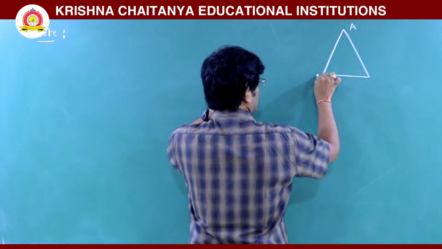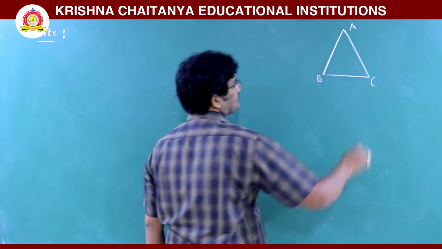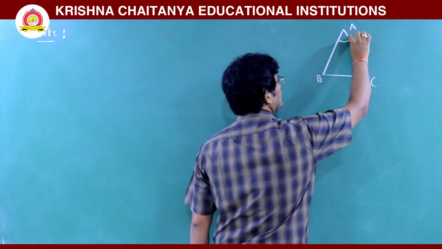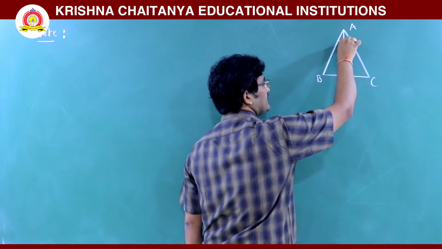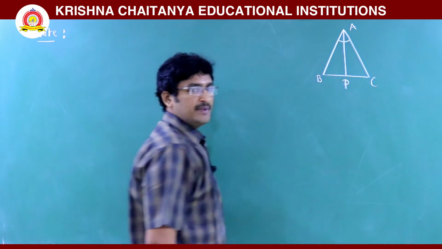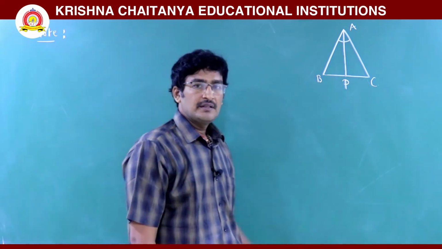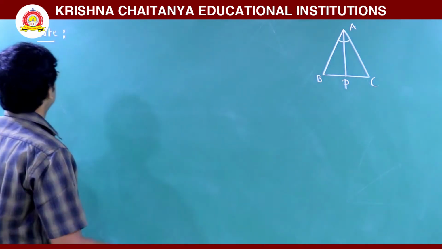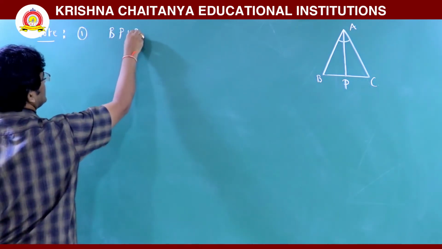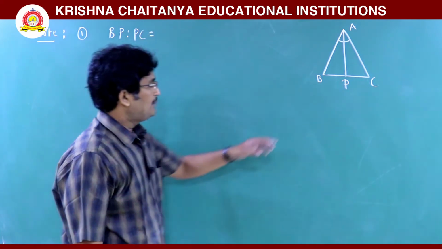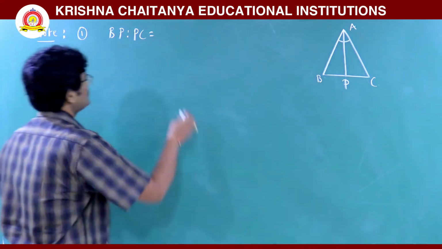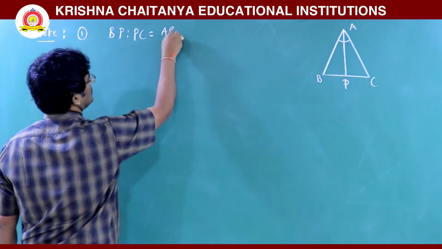This is the internal angular bisector of A. That one meets BC at some point P. What is BP to PC? It is nothing but BP to PC equals AB to AC. You know this one.